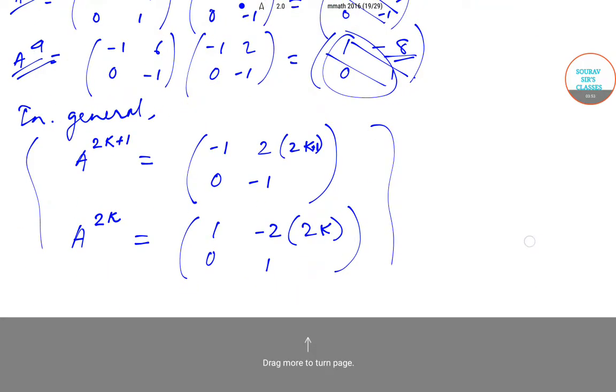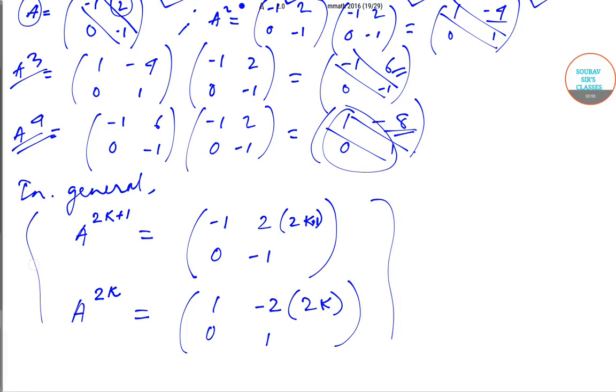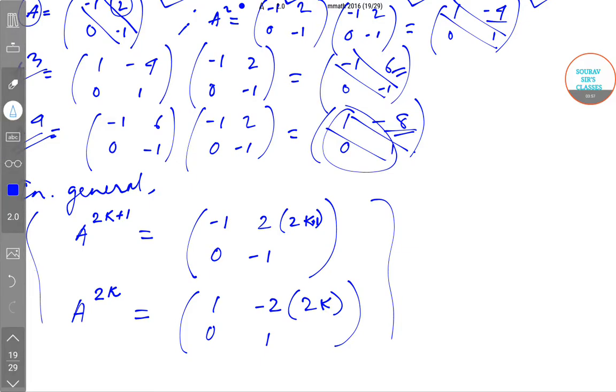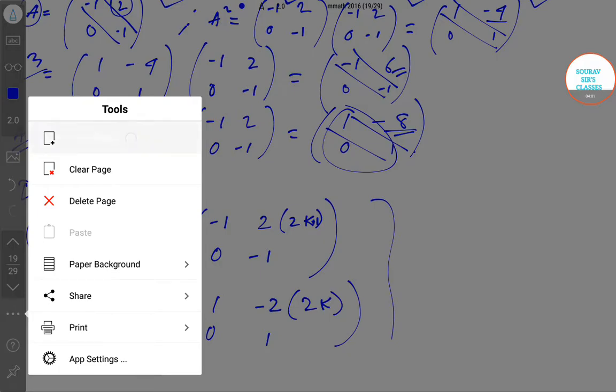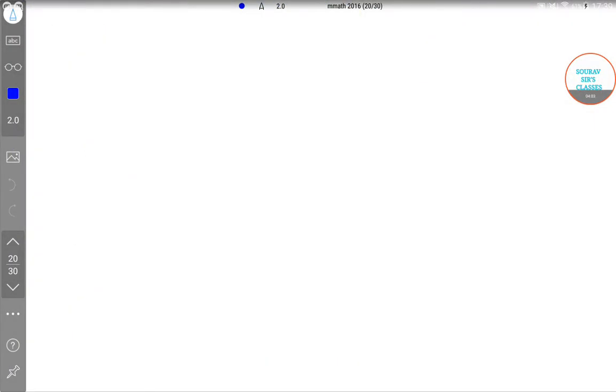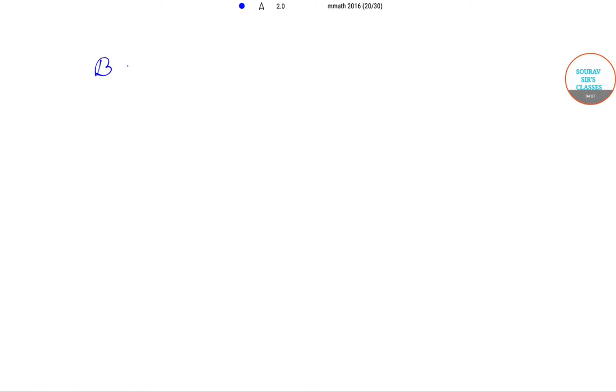So now let us go back, insert one more page over here, since we need to find out the value of the matrix B square. What we already know is that B is equal to A plus A square plus A cube, and it goes on till A50.